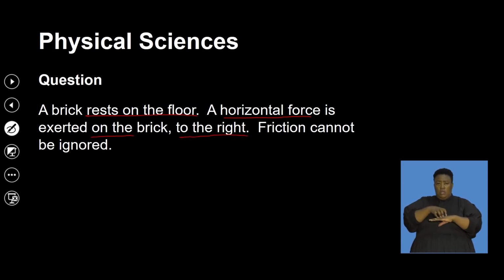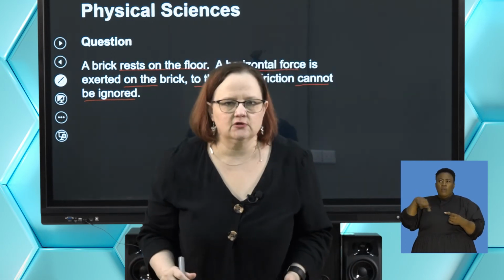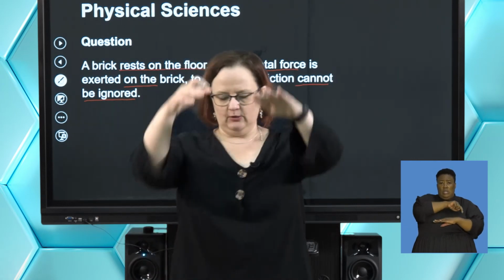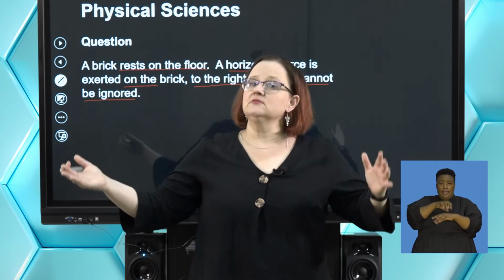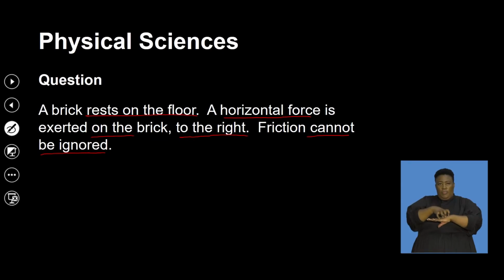Friction cannot be ignored. Important words. I'm not giving you the value of the horizontal force because that's not actually what we're looking for here. I'm just telling you that we have a brick on the floor, it's resting on the floor, and I'm pushing the brick, but it's not going anywhere, okay?